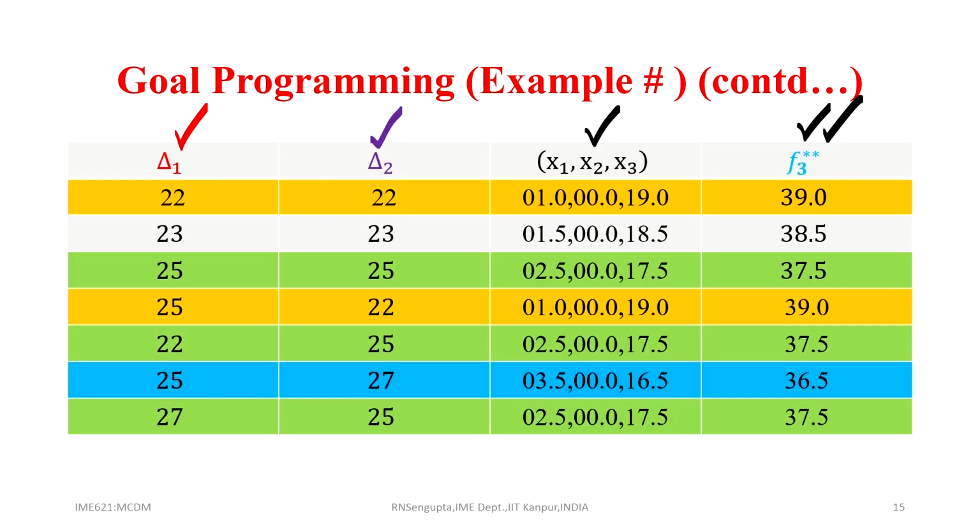And for F3 double star, again it is 1019, this 39 is F3 double star, again a repetition here. So, the green, blue and the yellow, which you are seeing in the slide, have already been discussed, and in the same way we can obtain that.